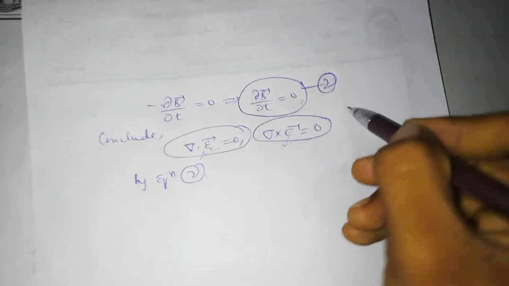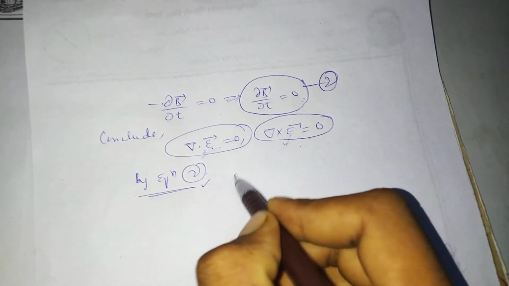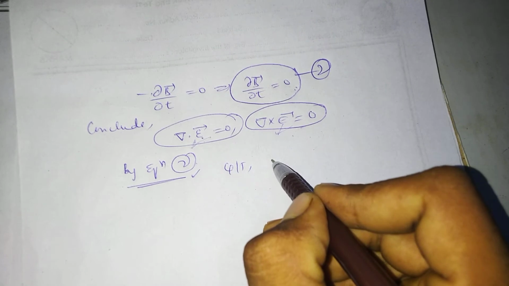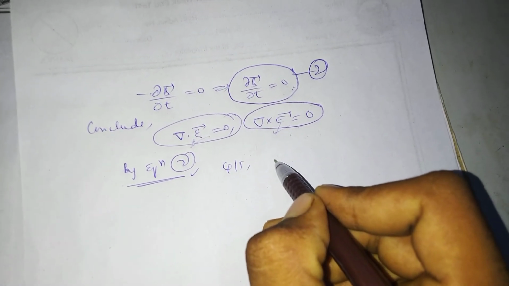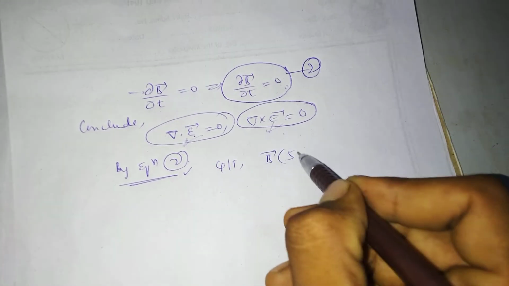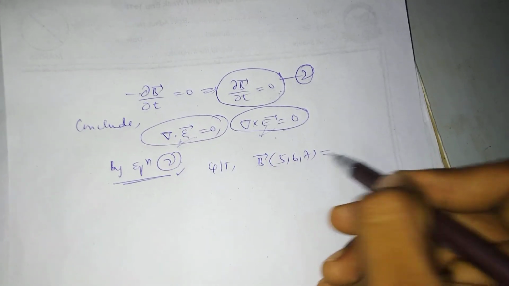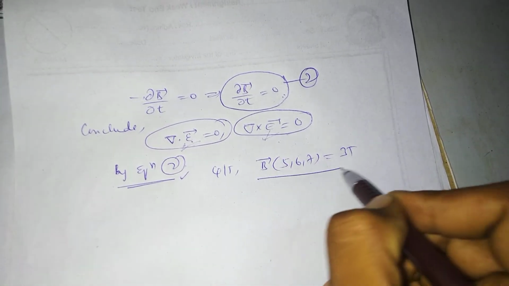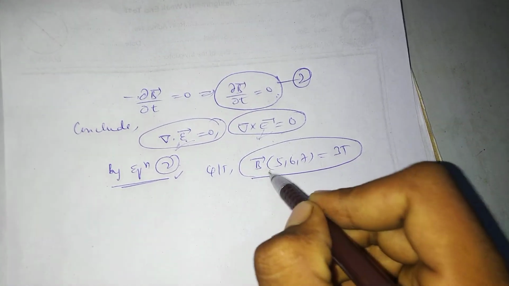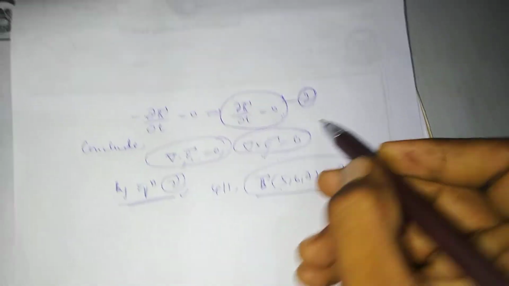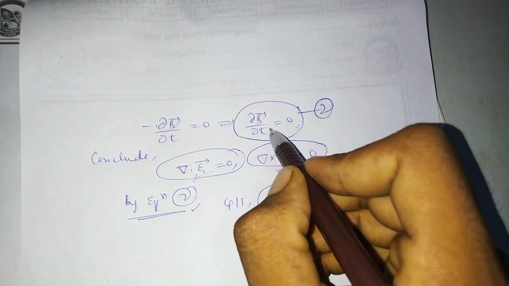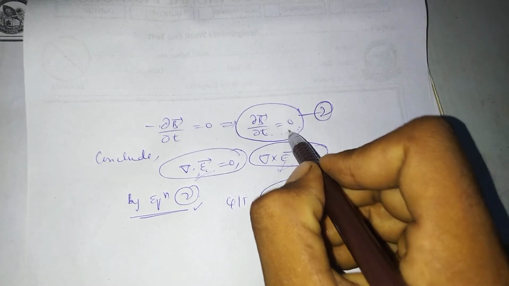Why do we choose equation 2? Because they already gave in the question the magnetic field 3t. They only gave the magnetic field B, so the magnetic flux is obtained in equation 2. Then only we choose this one.